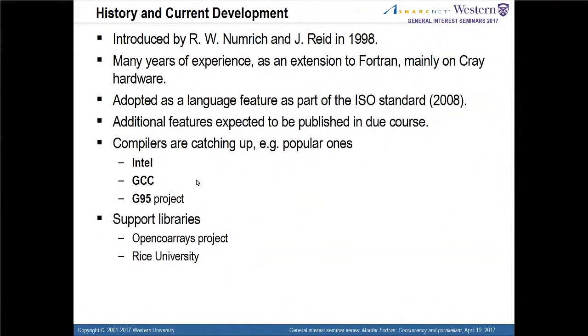And currently, the compilers that support this Coarray parallel programming paradigm include Intel, GCC, and G95. G95 is a separate project from GCC. And there are 2 main streams of support. One is the Open Coarray project, and the other is done by a research team at Rice University.